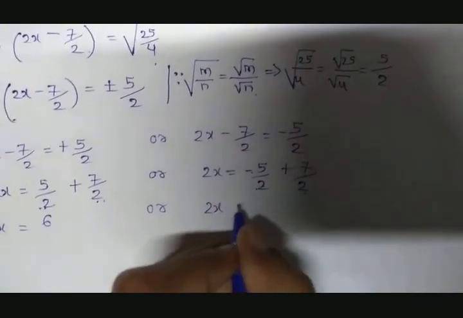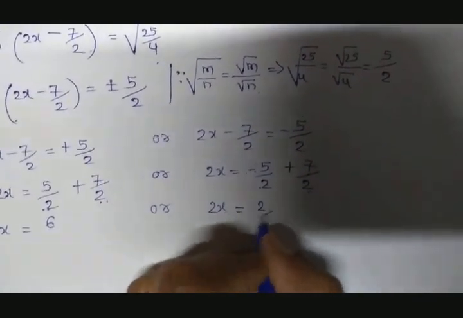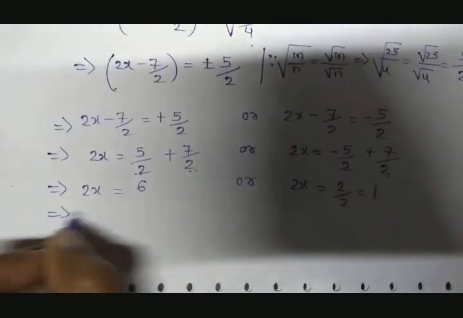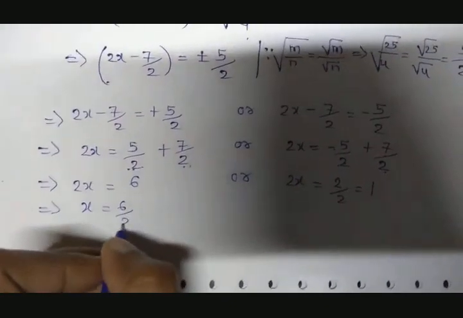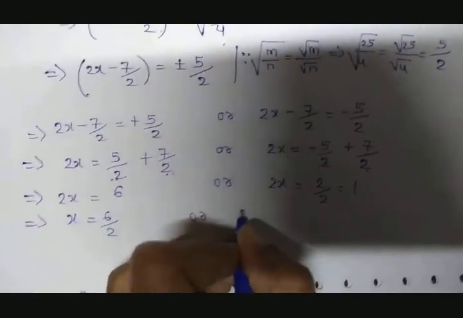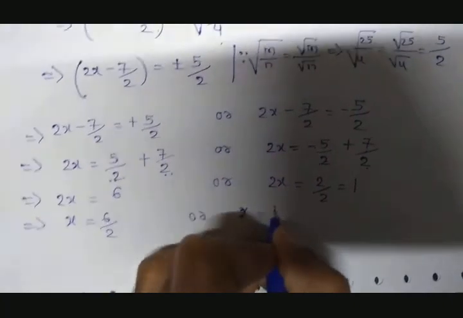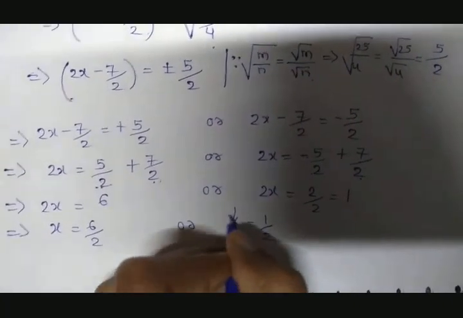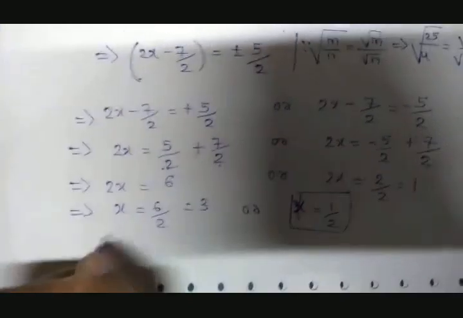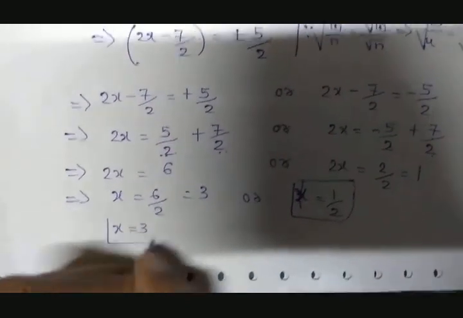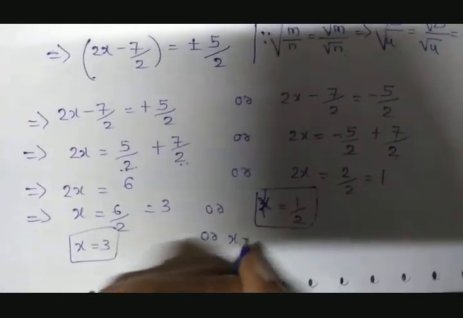Minus 5 plus 7 is nothing but 2, divided by 2, which is nothing but 1. So this implies x is equal to 6 by 2, or x is equal to 1 by 2. So x is equal to 3, or else x is equal to 1 by 2. So these are the solutions of your quadratic equation.